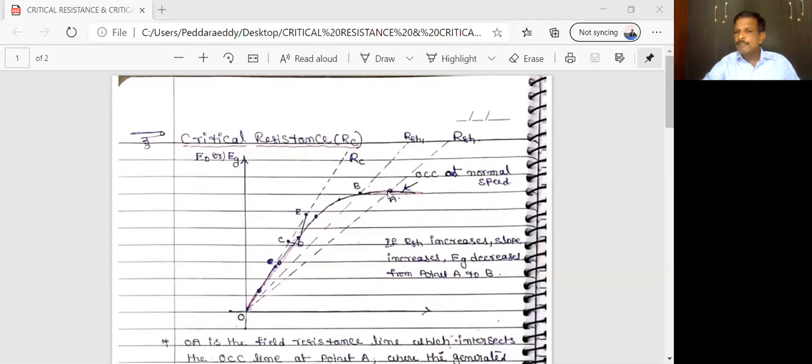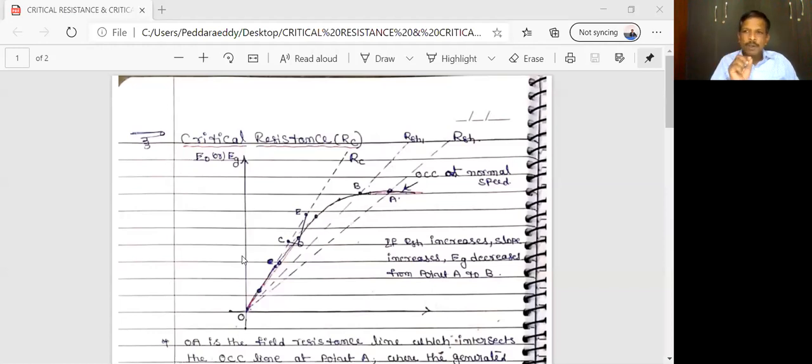This is maximum. Okay, in this way the EMF is induced cumulatively, but the line touches only up to the initial part; at 15 or 18 volts it deviates. So the resistance line where it touches the OCC curve, there the induced EMF is minimum.